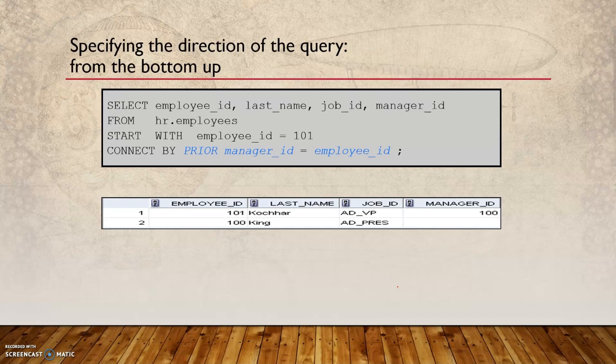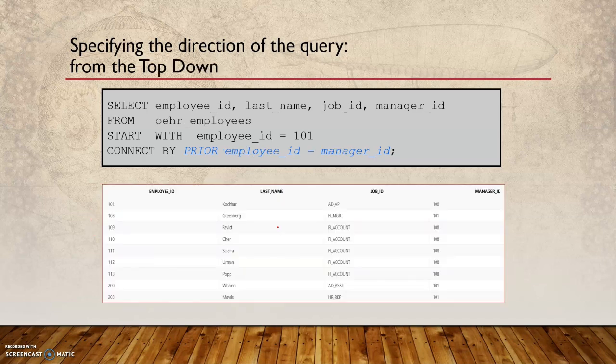Again, in the bottom-up, you have PRIOR manager ID equal to employee ID. In the case of reverse, you take employee ID over here and then provide the manager ID.